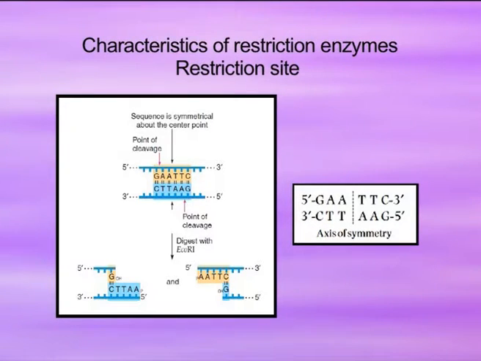Hence, the DNA sequence at the palindromic site has two-fold symmetry. Let us see this example. Shown in this diagram, the 5' sequence is GAATTC on one strand. The complementary strand also has the same sequence, GAATTC. So here we can see the axis of symmetry is two-fold. Thereby most of the commonly used restriction enzymes act on palindromic sites.